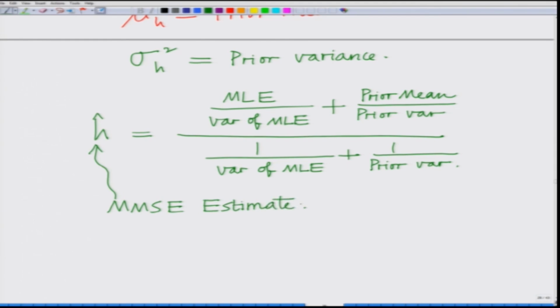So, what does this say? The MMSE estimate is basically a linear combination of the maximum likelihood estimate and the prior mean, that is mu h, in the inverse ratio of their variances. This is a beautiful interpretation, and there are several interesting implications.